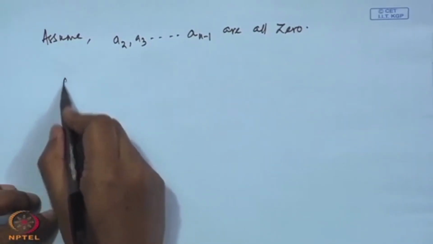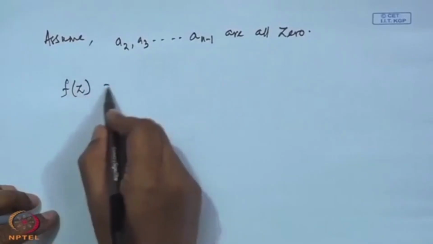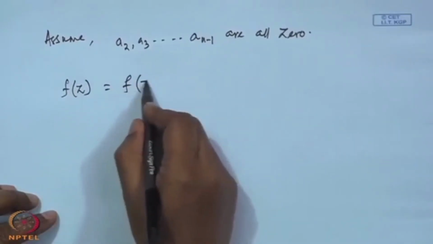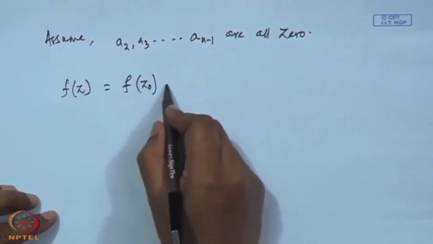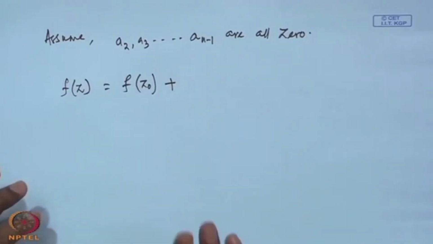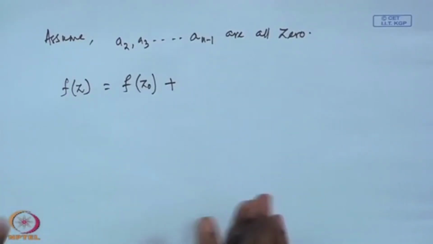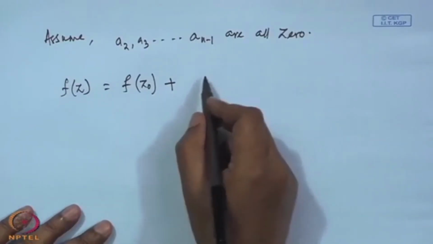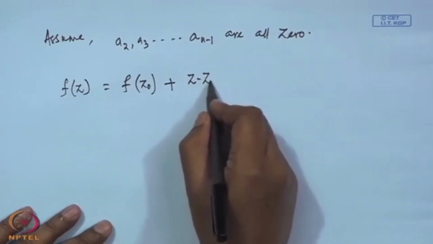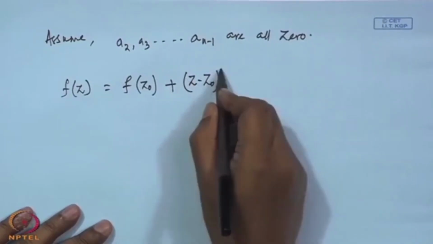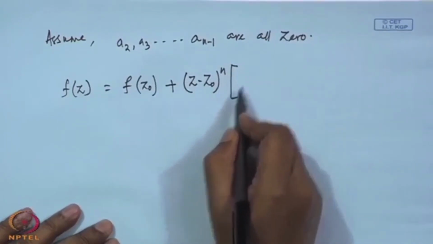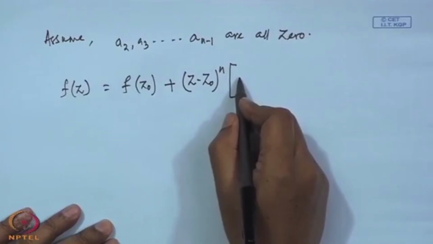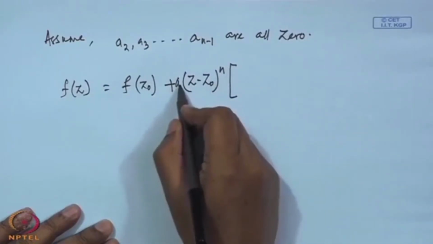Then we have f of z equal to f of z naught, and the first non-zero term is the nth term, and from there we take this, or let us take an also.